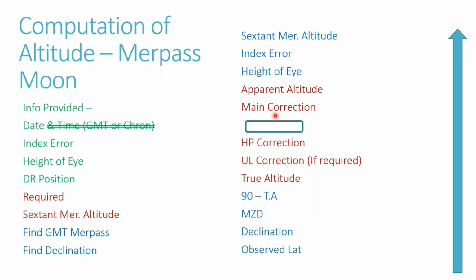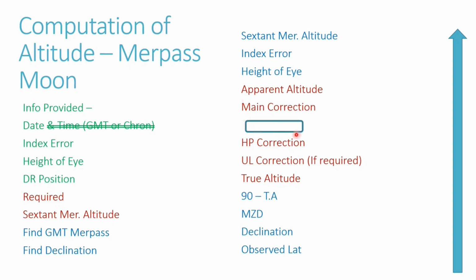Here is the difference. The main correction table of the moon changes very fast. What I mean to say is that with a slight change in the apparent altitude, the main correction of the moon also changes. So normally the main correction table is entered with apparent altitude, but we do not have the apparent altitude at the moment.